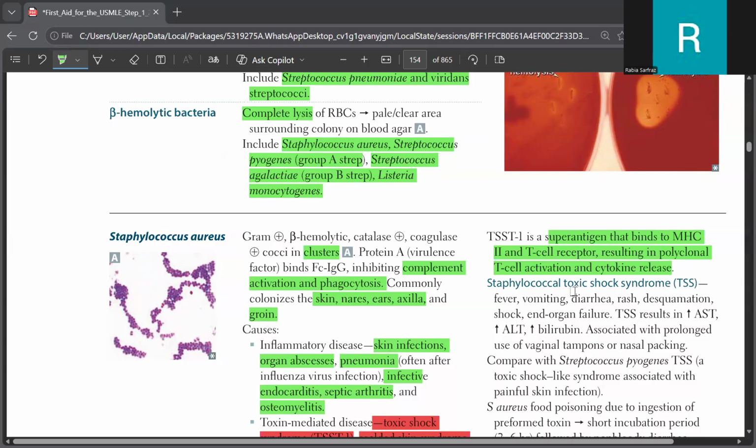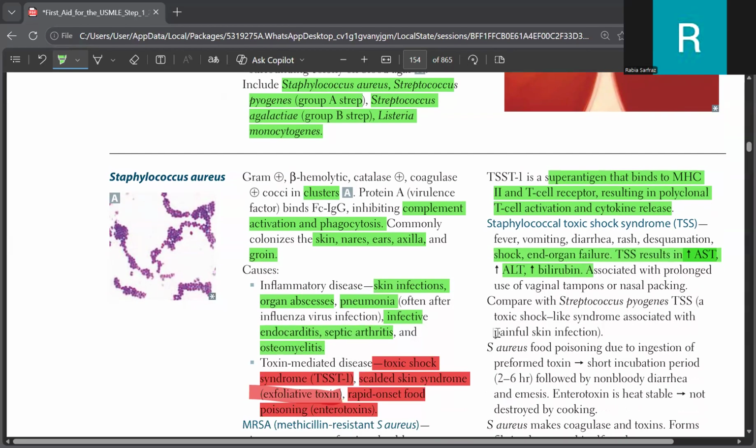It includes fever, vomiting, diarrhea, rash, desquamation of the skin, shock, and organ failure. TSS results in elevated AST, ALT, and bilirubin. It is associated with prolonged use of vaginal tampons or nasal packing. Compare this with Streptococcus pyogenes TSS, a toxic shock-like syndrome, which is associated with painful skin infection.